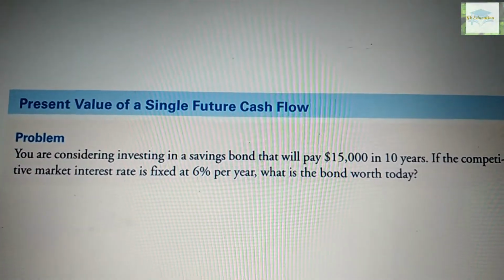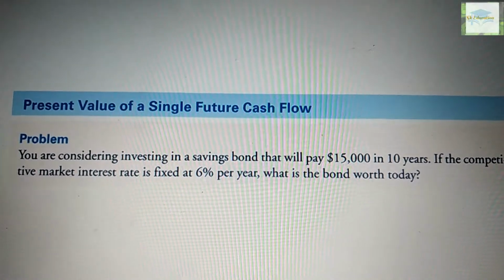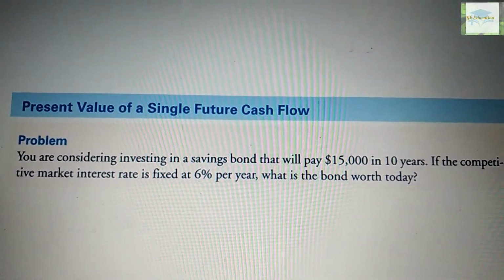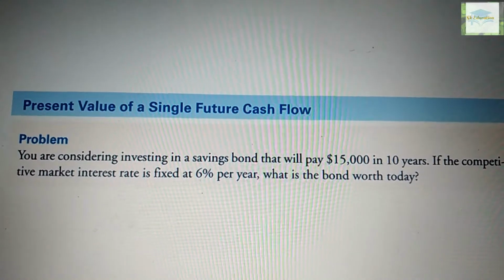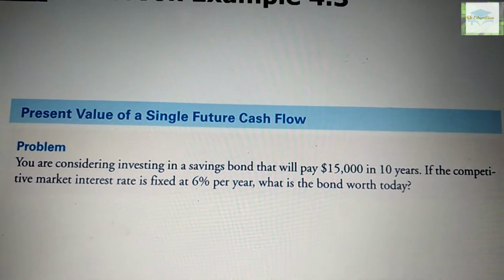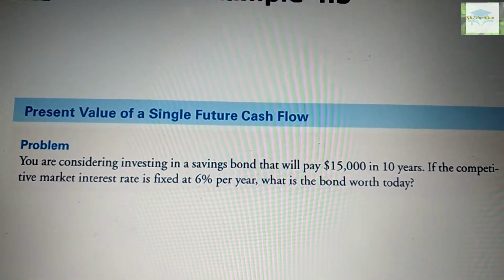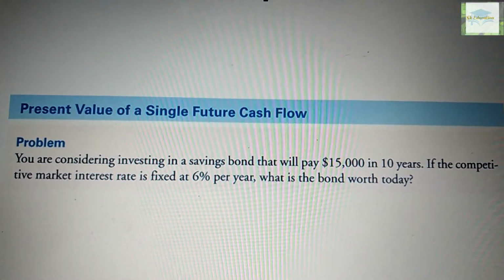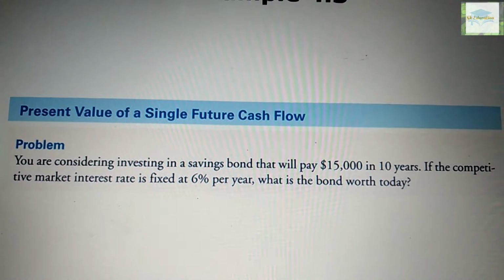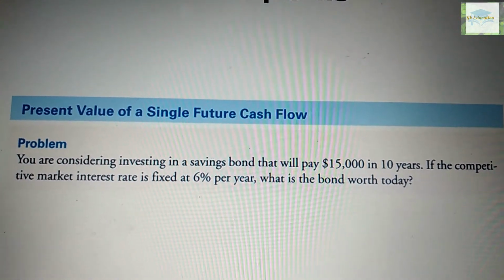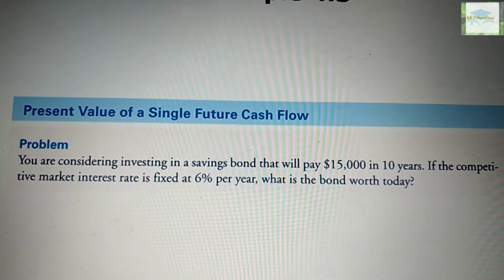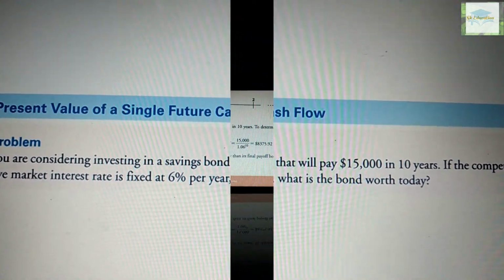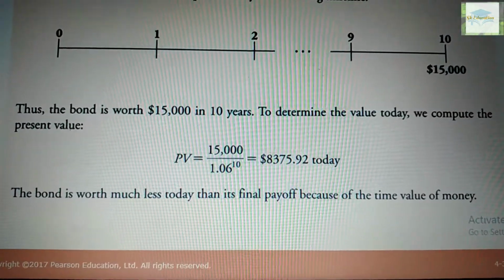The problem is you are considering investing in a savings bond that will pay 15,000 in 10 years. So we are talking about the future. If the competitive market interest rate is fixed at 6% per year, what is the bond worth today? It means we are going to find today's value, the present value, and the future value we have is 15,000. So here we go, students.